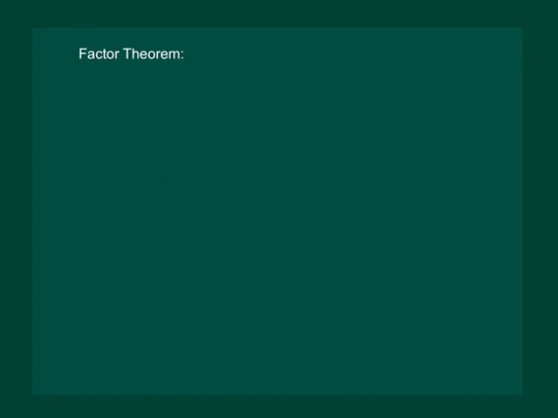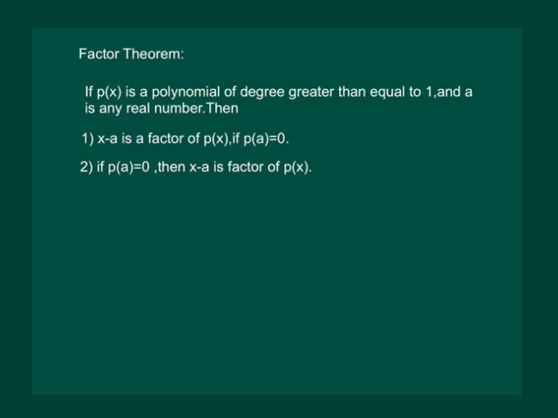So now we are in a position to understand the same concept for the polynomials, and so we state the factor theorem. Factor theorem states that if p(x) is a polynomial of degree greater than or equal to 1 and a denotes a real number, then x minus a is a factor of p(x) if p(a) is 0.